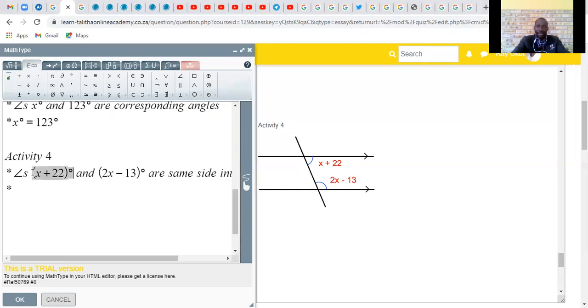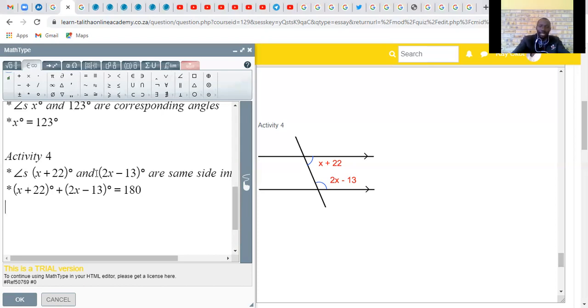So this first angle, x plus 22 degrees, when we add it to the second angle, 2x minus 13 degrees, what we get must be 180 degrees.